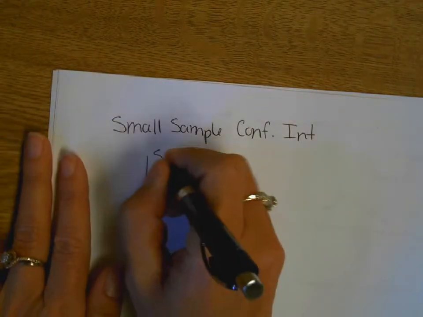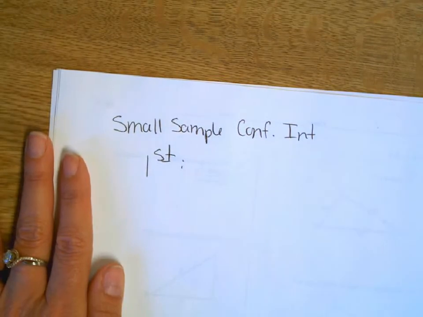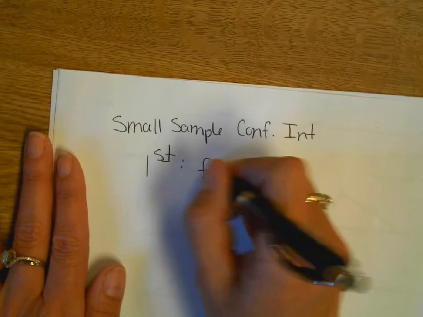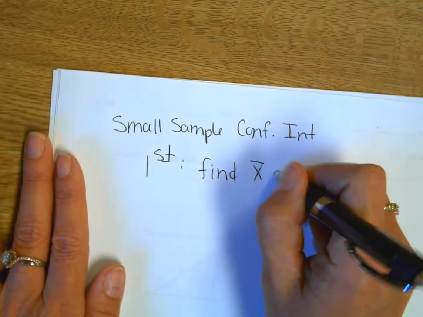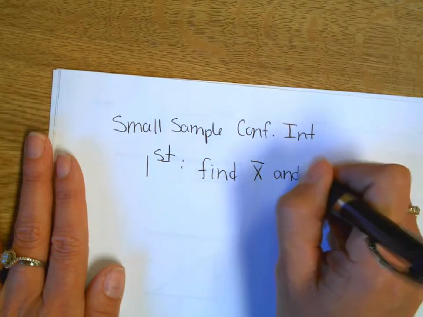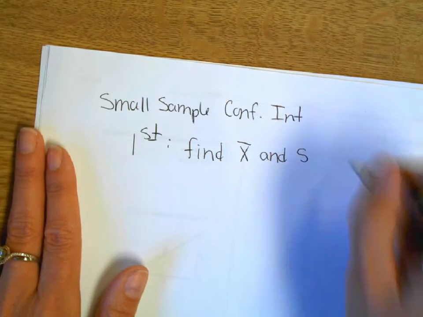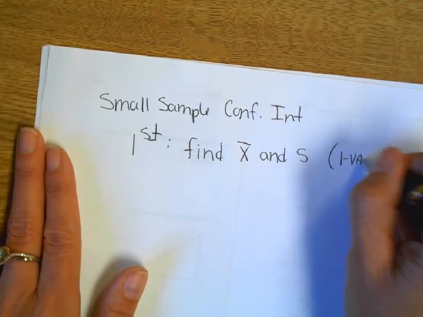Okay, so first step, just like for doing large samples, you have to find the sample mean and the sample standard deviation, if it's not given. So they may give them to you directly, or if they give you the data, you got to run 1-var stats and get those.